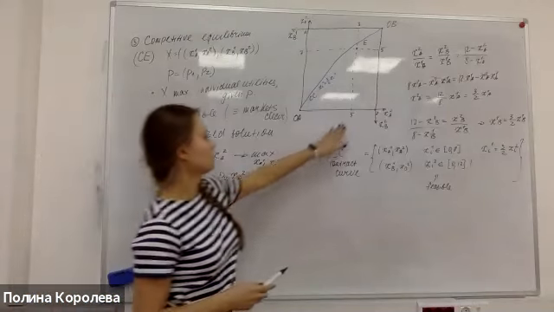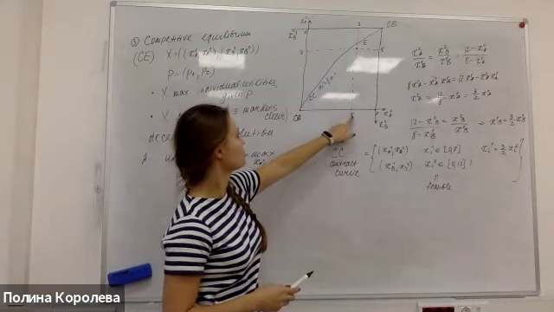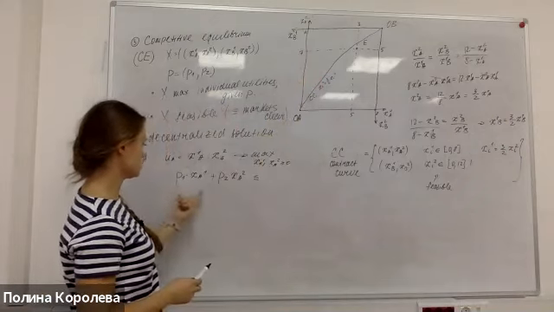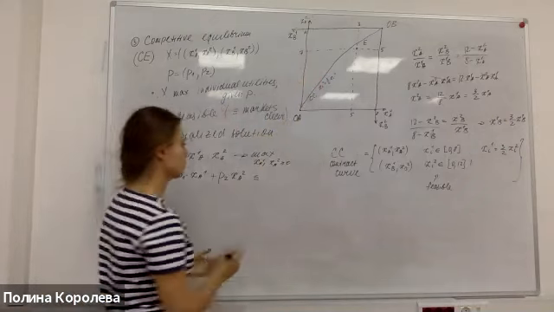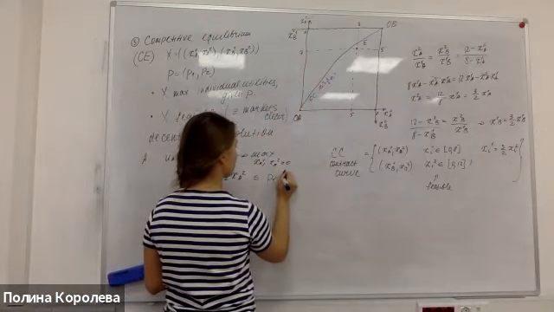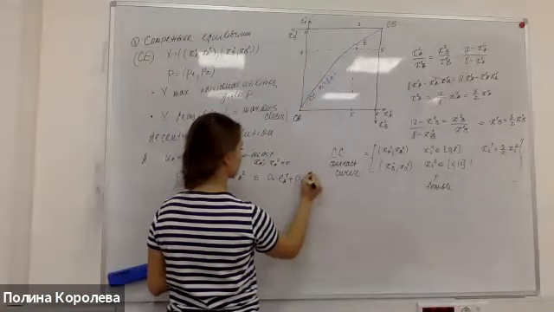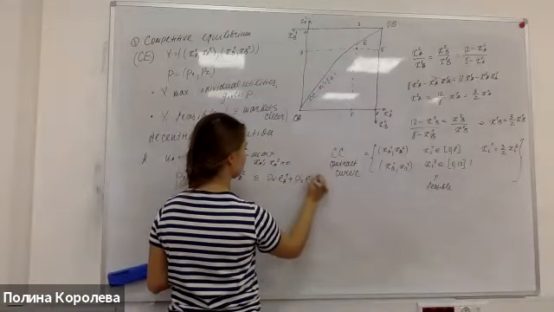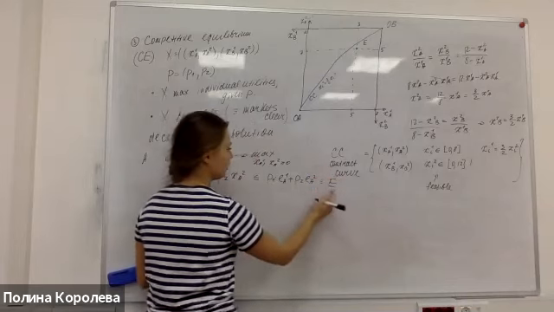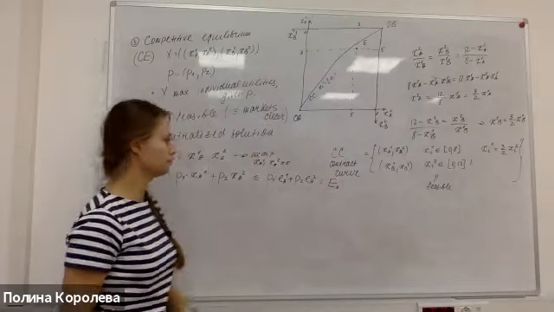He has an endowment point of 5 units of good 1 and 7 units of good 2. How to make it in money terms? Let's multiply by prices, and that's all. So price of good 1 multiplied by EA1 plus price of good 2 multiplied by EA2. We can call this the endowment of individual A in money terms, capital E.